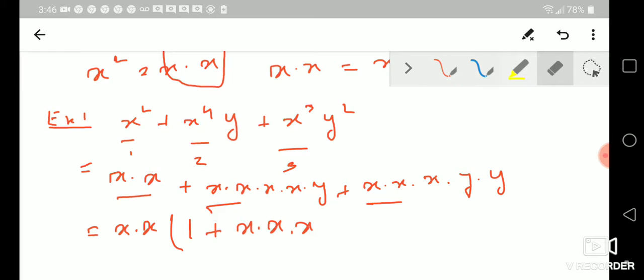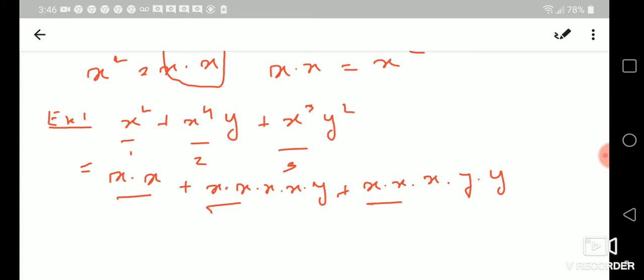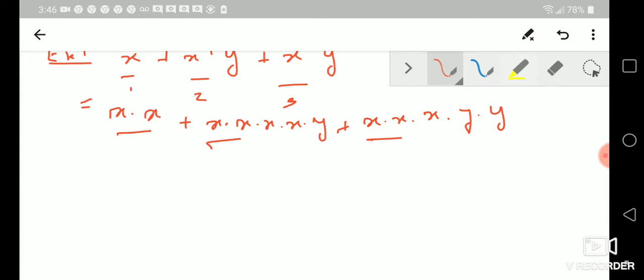Actually, let me simplify it here. When we write it in multiplication form, everything common between all these terms is x dot x, x dot x, and x dot x. So let's take x dot x and divide all. We are factoring it out, so we'll have to multiply this with all the remaining terms inside the bracket. Let's see how it works.